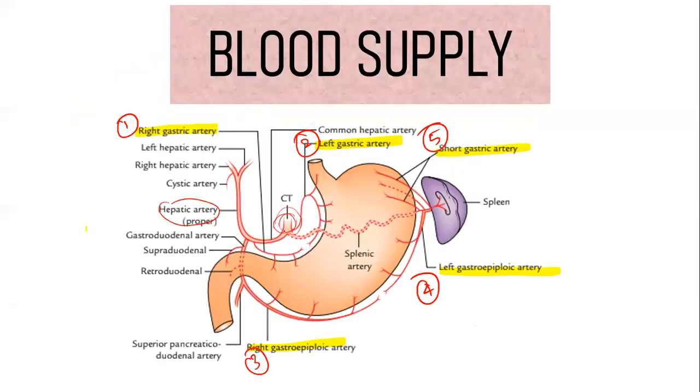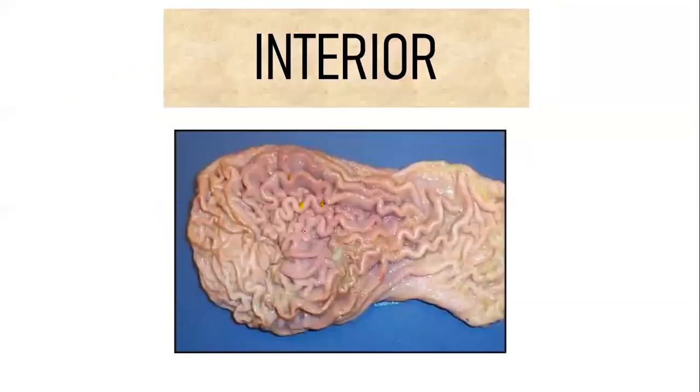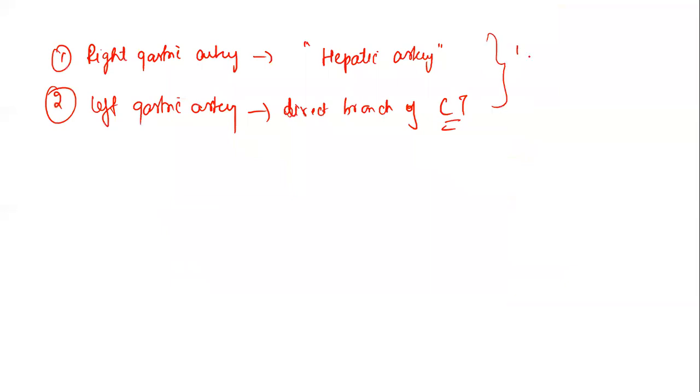The right gastric artery and the left gastric artery form an anastomosis along the lesser curvature. So the blood supply to the lesser curvature is by these 2 gastric arteries, the right gastric artery and the left gastric artery. Right from the hepatic, left from the celiac trunk.